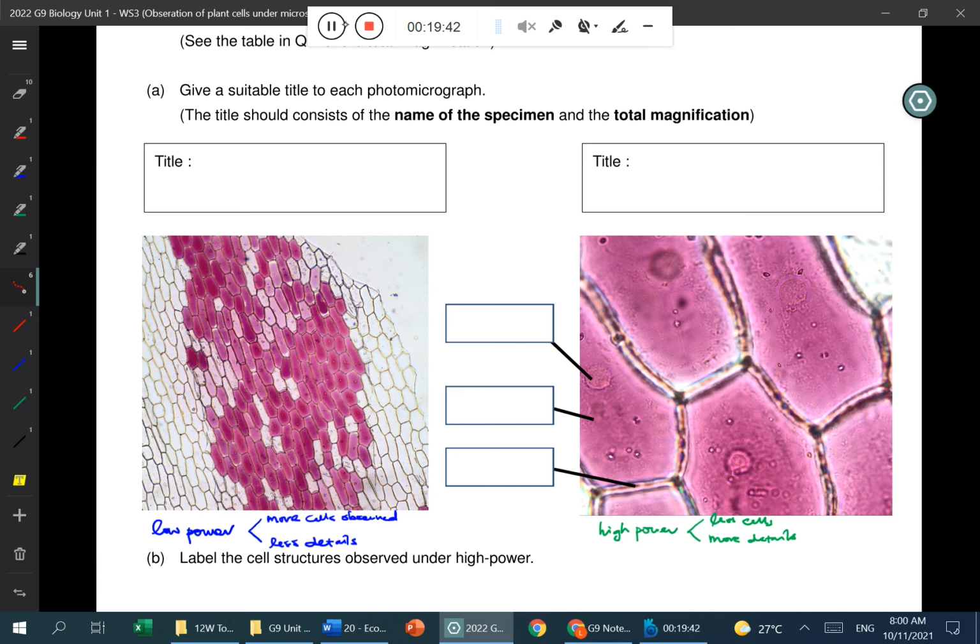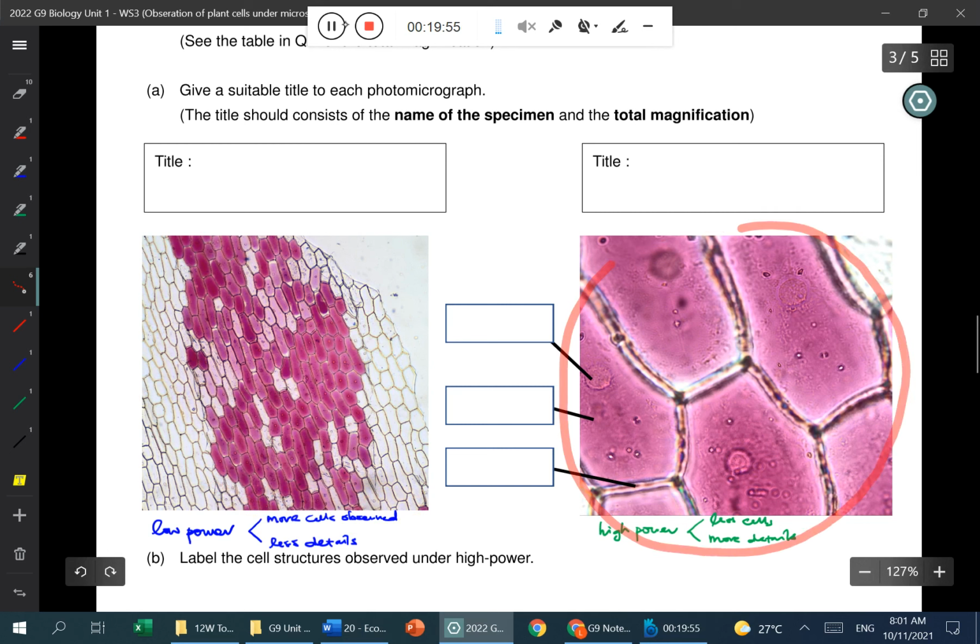So remember that both types of observation are good depending on the situation. Low power is good for looking at the overall pattern, and high power observation is good for looking at details.